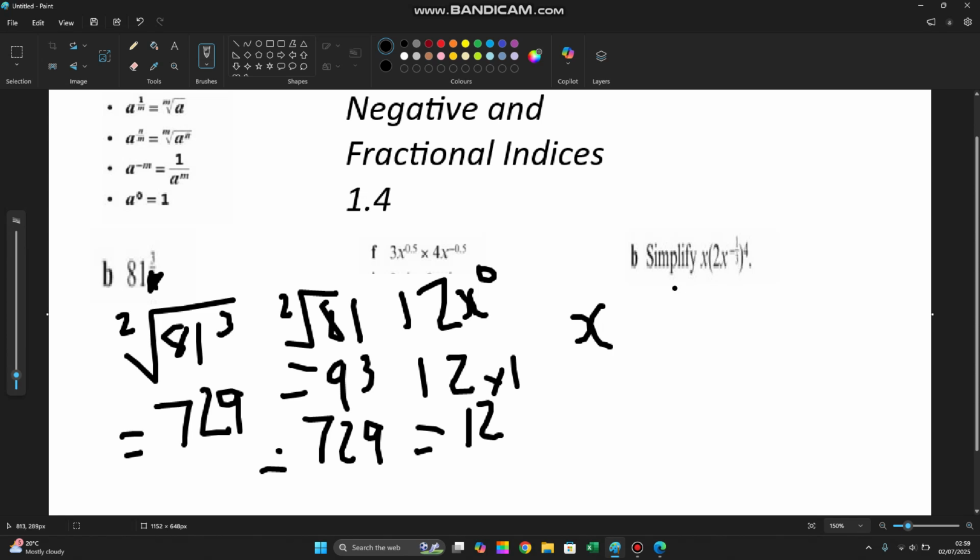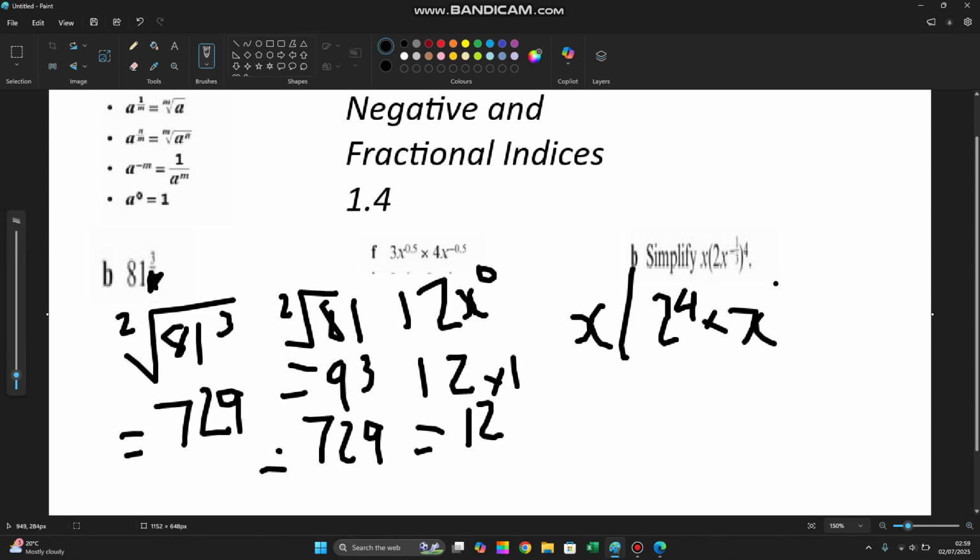So we can use our 1.1 rule that a to the m all to the power of n is a to the mn, and also the rule that (am) all to the power of n is a to the n times m to the n. So basically this means that this will end up being 2 to the 4 times x to the minus a third times 4.